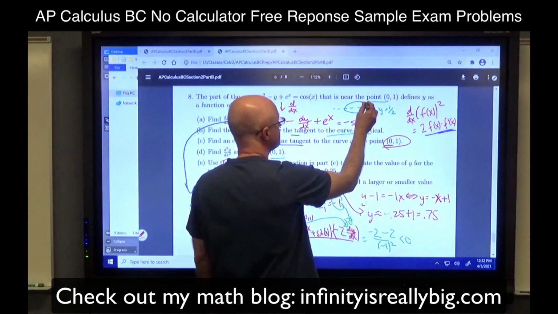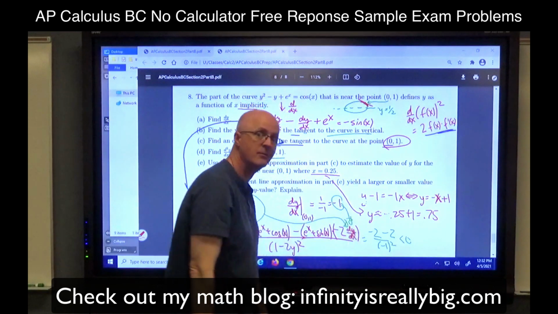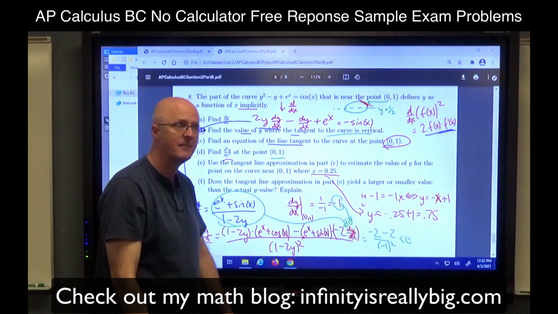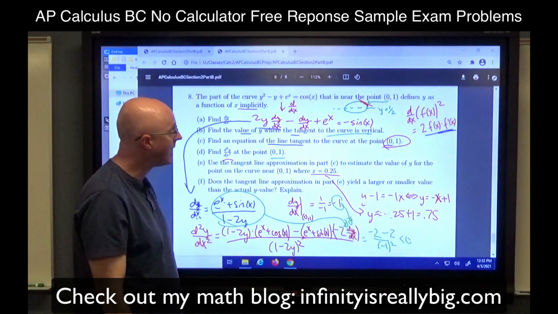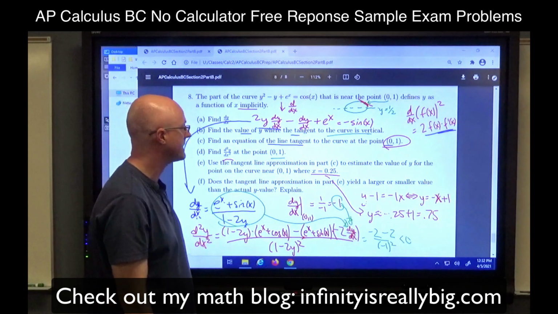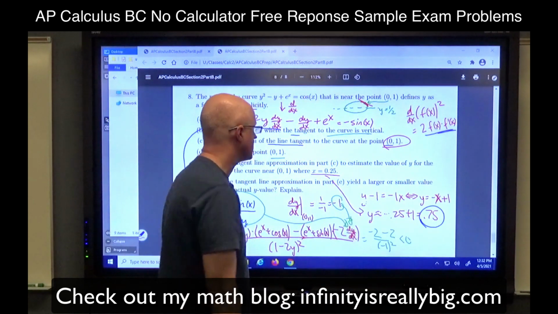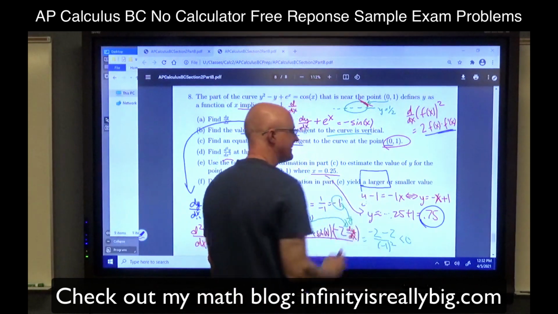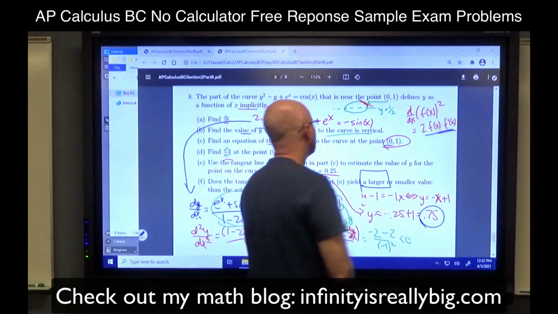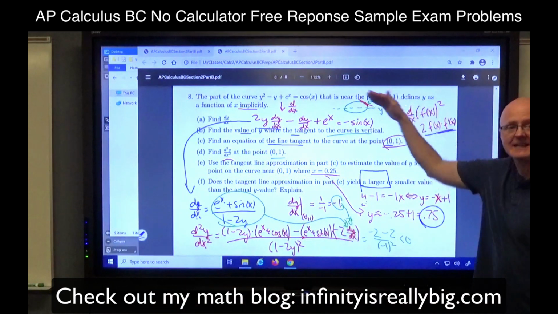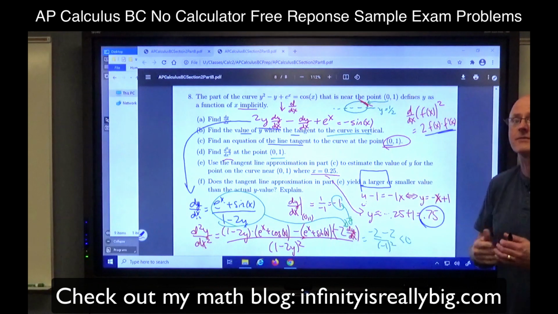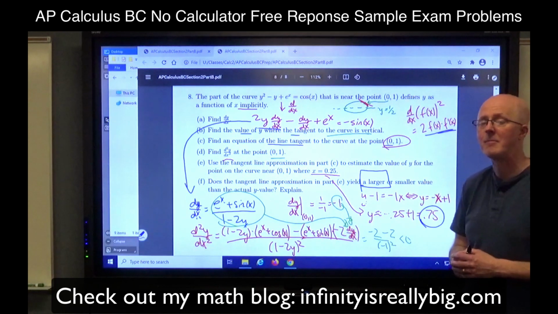Its tangent line is above it because the graph is concave down there, because the second derivative is negative. The tangent line being above the curve means the y coordinate here is too large. That's the answer, because the tangent line is above the curve, because the curve is concave down there.